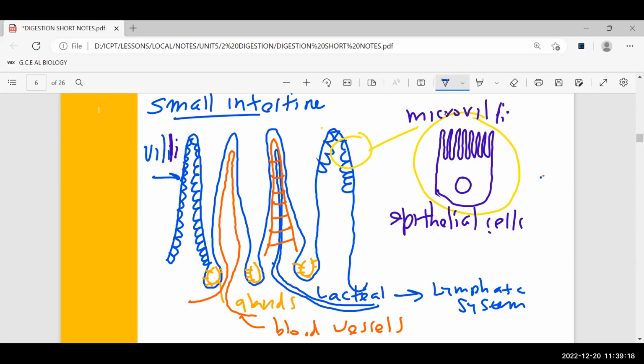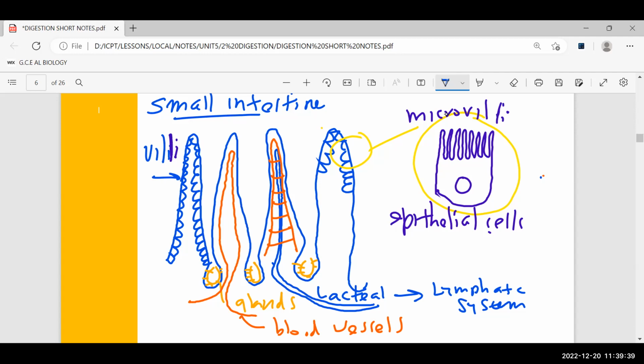Okay, this is the structure of the small intestine. And the small intestine, not like the stomach, gets help from the pancreas and liver to get more different kinds of chemicals.